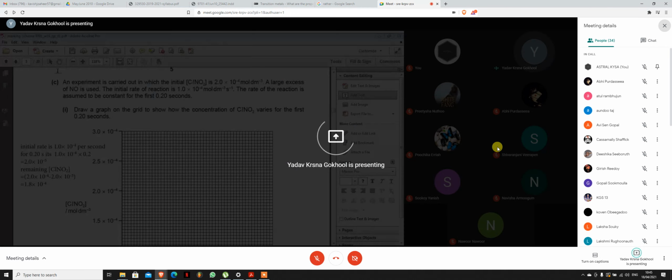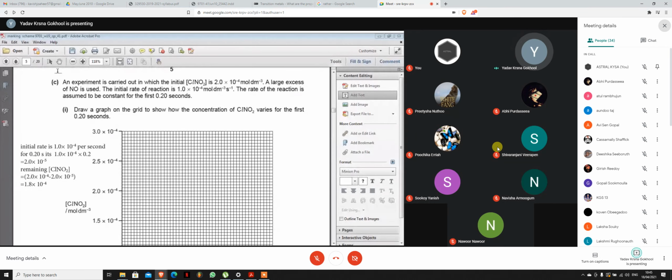It is for 1 second, but here we have one for only 0.2. So I calculate how much will be used in 0.2 second, and then my initial minus how much I have used. I get 1.8 × 10^-4.